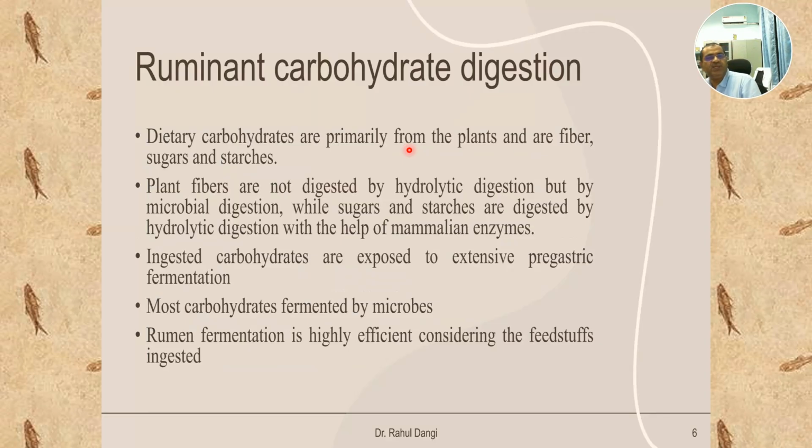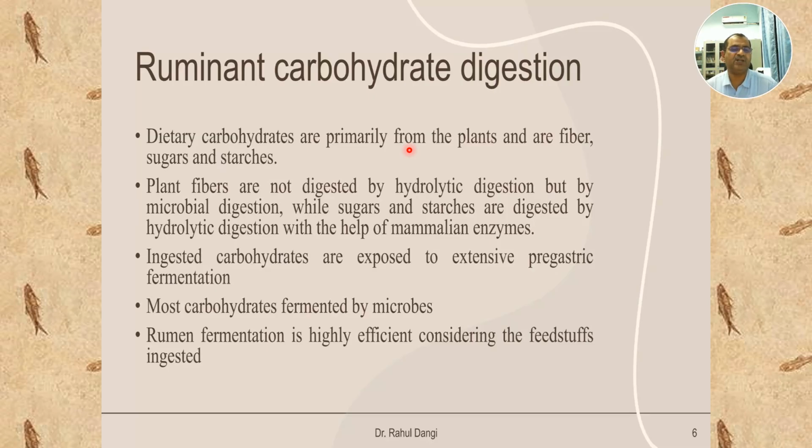So what about ruminant carbohydrate digestion? Dietary carbohydrates come primarily from plants: fiber, sugars, and starch.